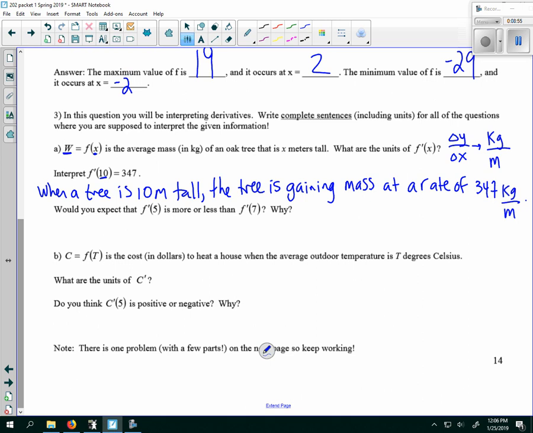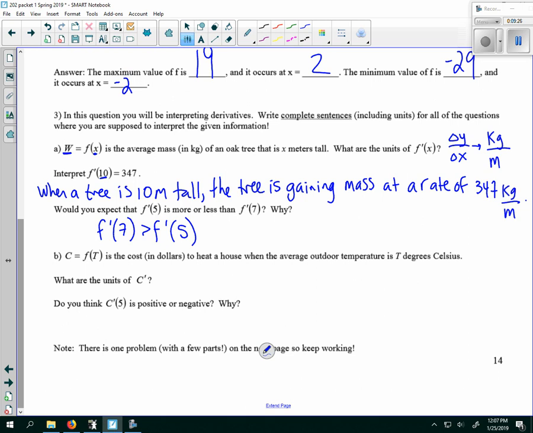So almost certainly a 7 meter tall tree is thicker than a 5 meter tall tree. And so if we add a meter to a 7 meter tall tree, it's going to gain more mass than a 5 meter tall tree would when we add a meter, because the 7 meter tall tree also has greater diameter. So I think that f prime of 7 is going to be greater than f prime of 5.